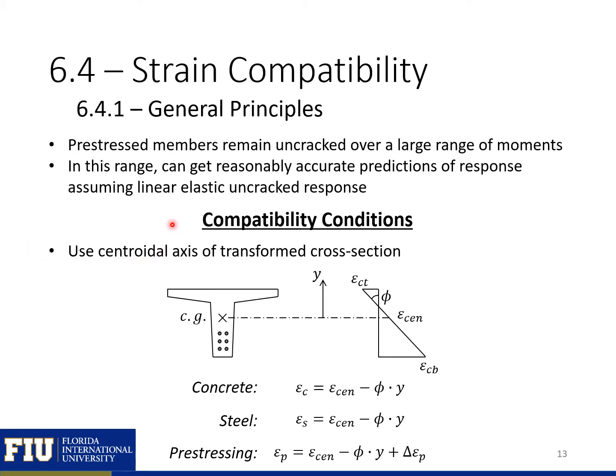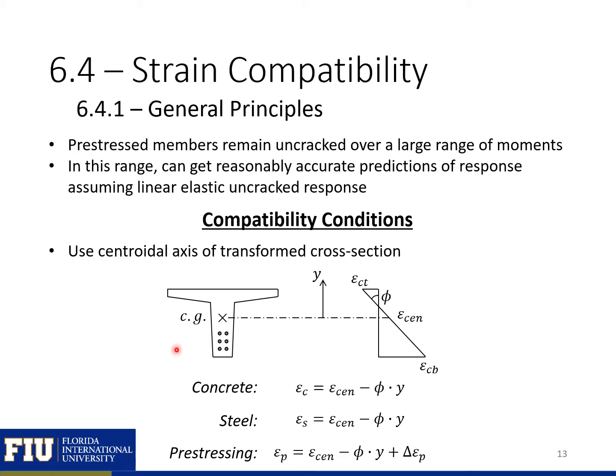To start, we can use our compatibility conditions, our constitutive relationships, and our equilibrium equations to solve for our stresses and strains in the section based on applied loads and pre-stressing.